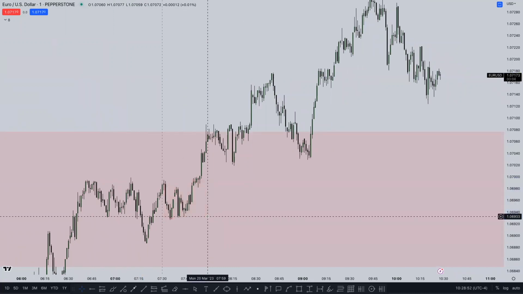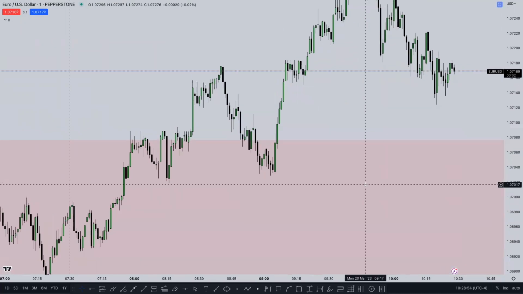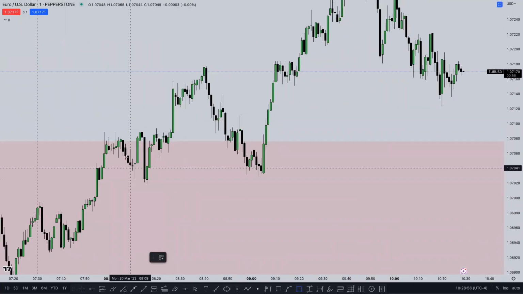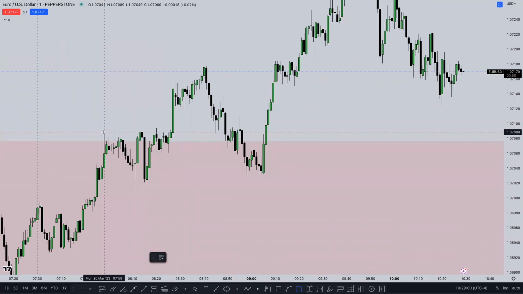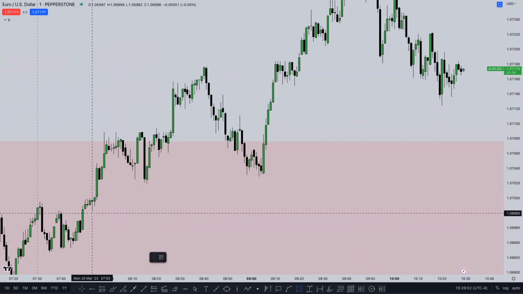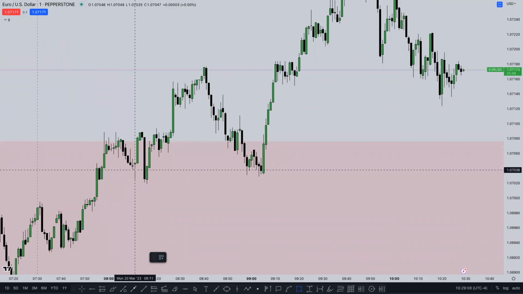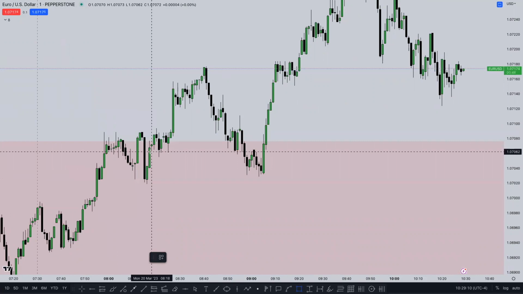All right. Okay. Here, I have a high, I have a low. High taken out, price sells off a bit, and then it fails the entire thing. So a new consolidation forms.